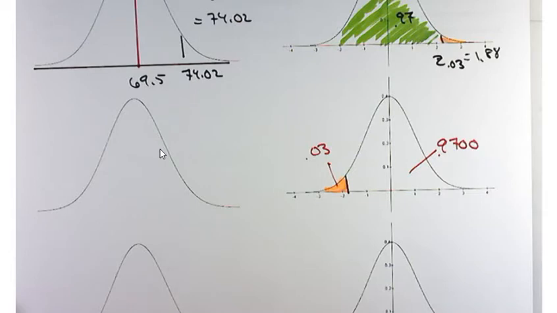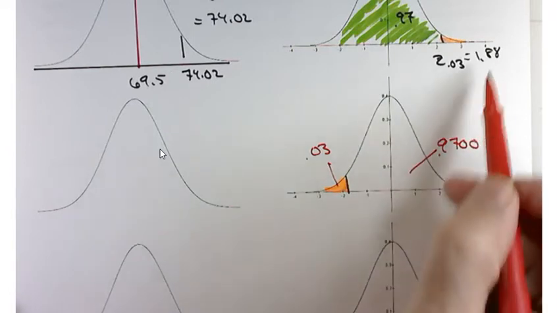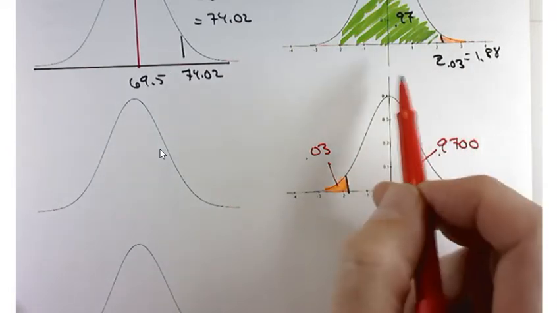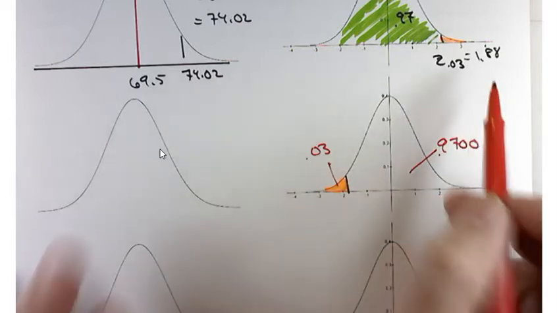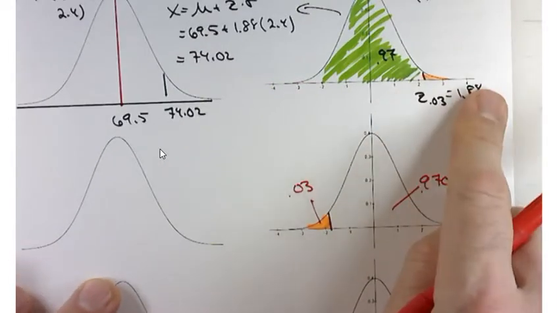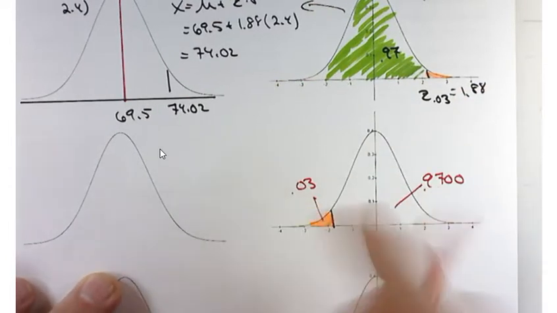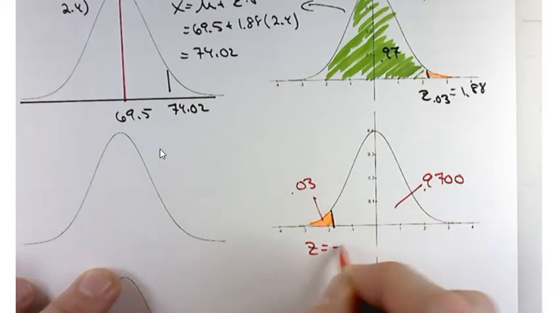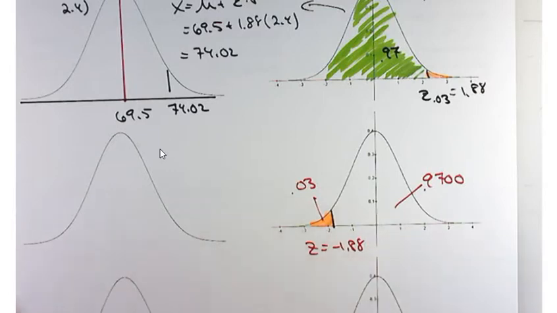But I don't think we have to. Yeah, it's just going to be the symmetric value, right? It's going to be negative 1.88. We just looked up this one. That put 3% of the area in the right tail. On the opposite side of the curve, z equals negative 1.88 is going to put 3% of the area in the left tail.